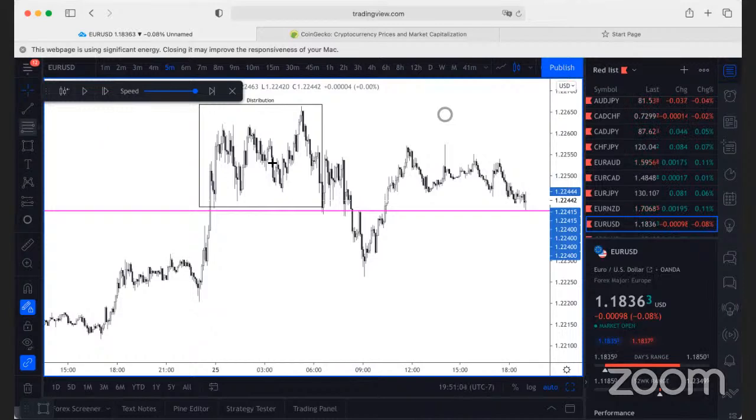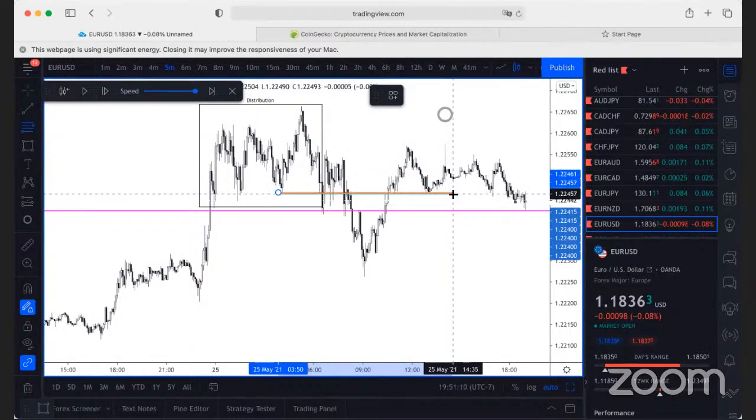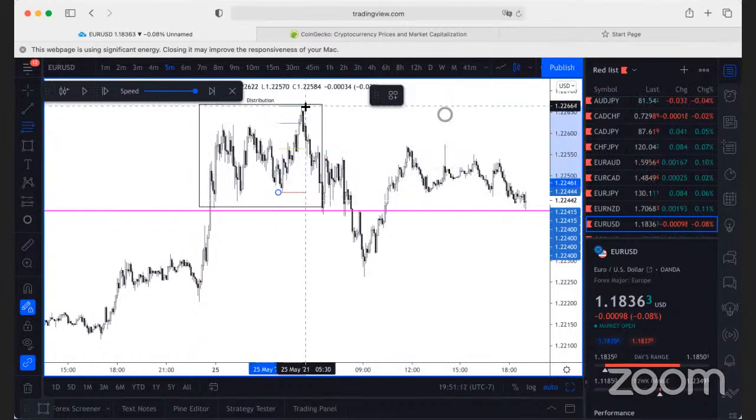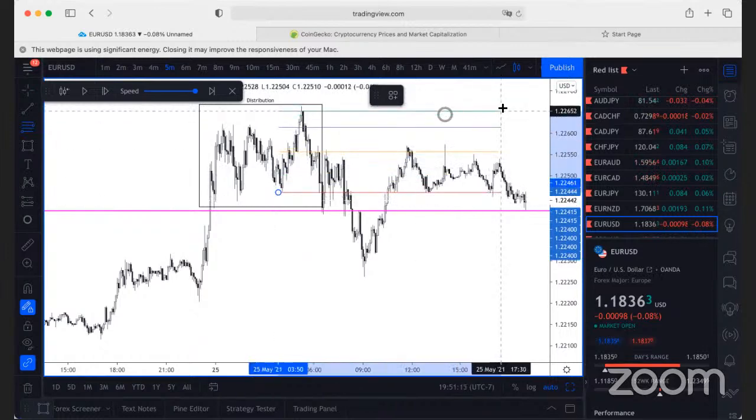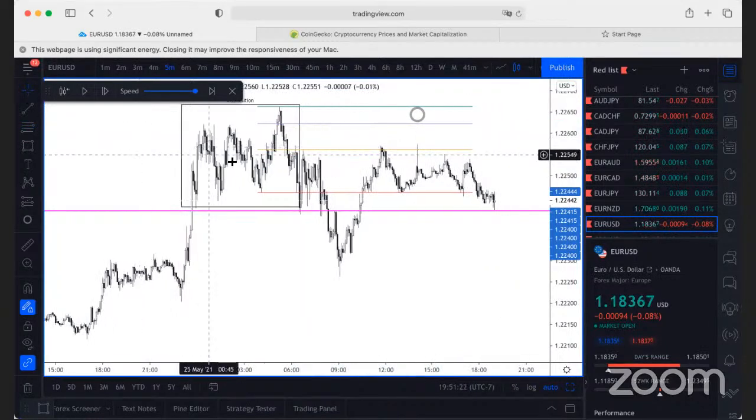We need to measure the 50%. Yeah, measure the last push, right? Perfect. So we're going to measure that last push. And we see 50% has already been tapped in, unfortunately.